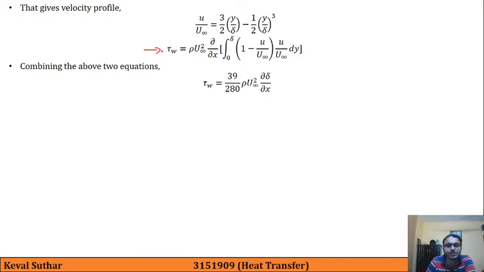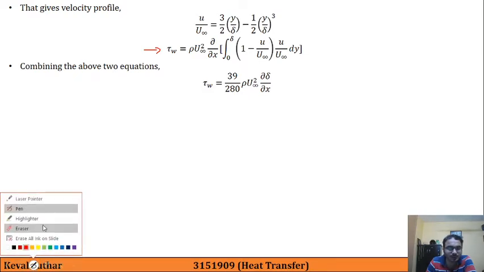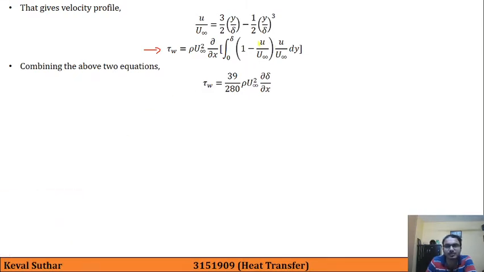Here as you can see in the formula of shear stress, we are having two terms, u upon u infinity. So instead of this u upon u infinity we can obtain this value.